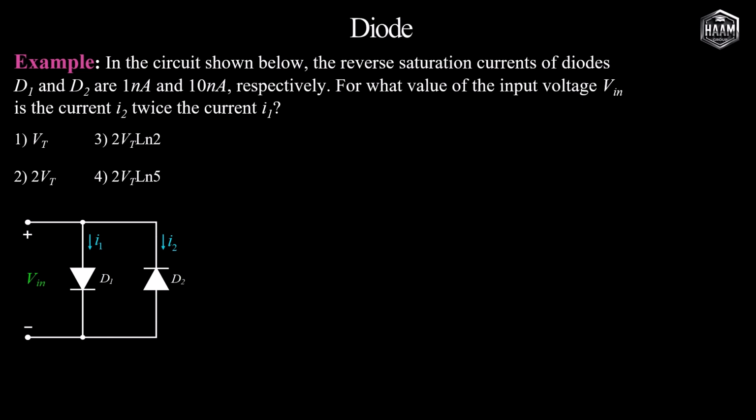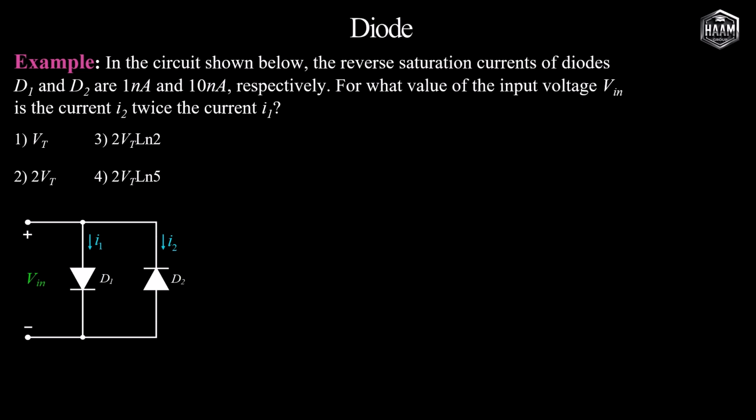Let us examine the circuit diagram. The two diodes are connected in anti-parallel, meaning D1 and D2 are oriented in opposite directions relative to each other. Consequently, the voltage V places diode D1 in forward bias and diode D2 in reverse bias.